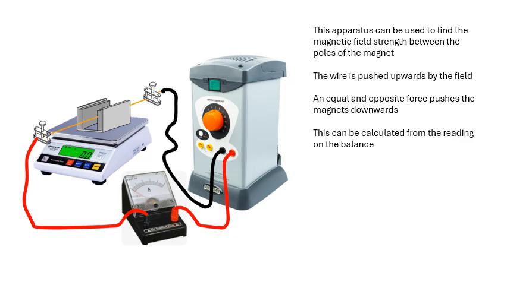Then you turn on the current and you have it so that the wire is pushed upwards. If the wire is pushed upwards by the field, then the magnets are pushed downwards. And from Newton's third law, the force will be the same. So you take the reading off the balance, and that tells you the force, and then you know the current, and you know the length of the wire in the field, so you can work out the field strength.